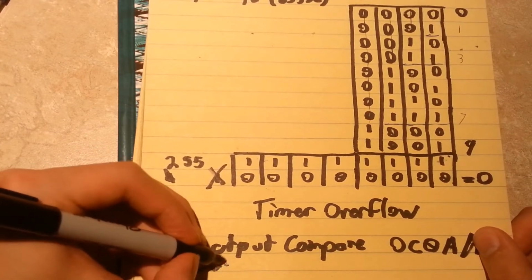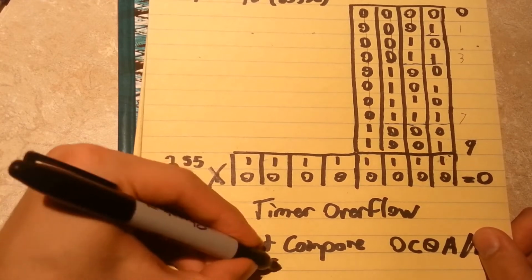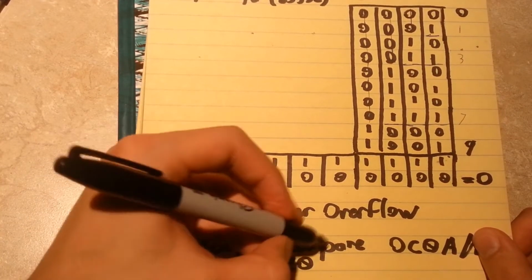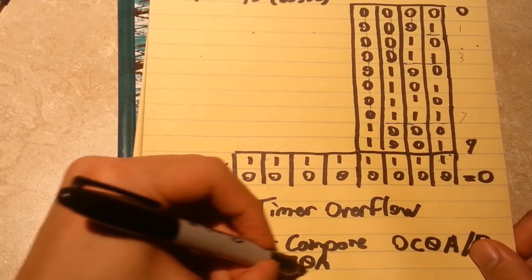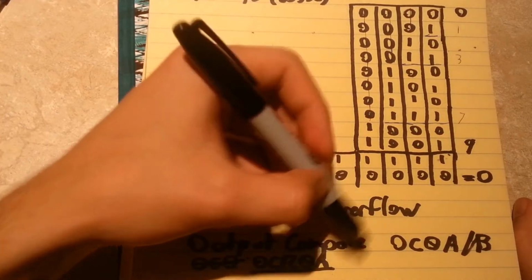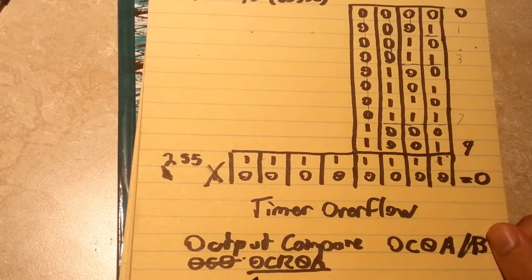Output compare register 0 A corresponds to, you got it.